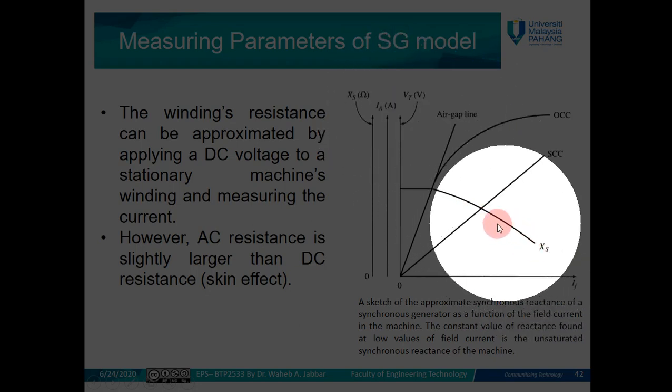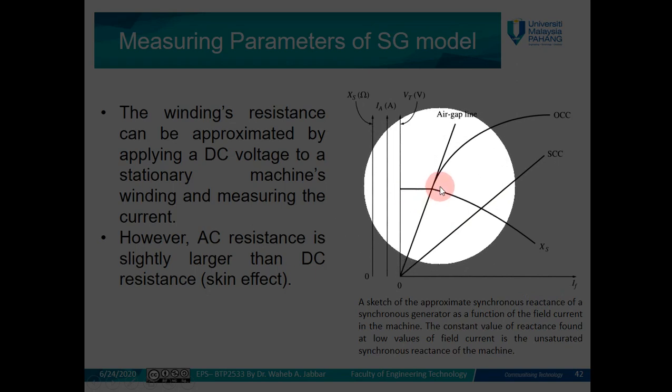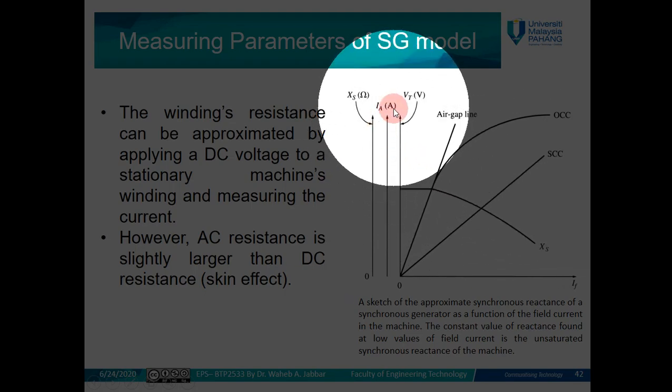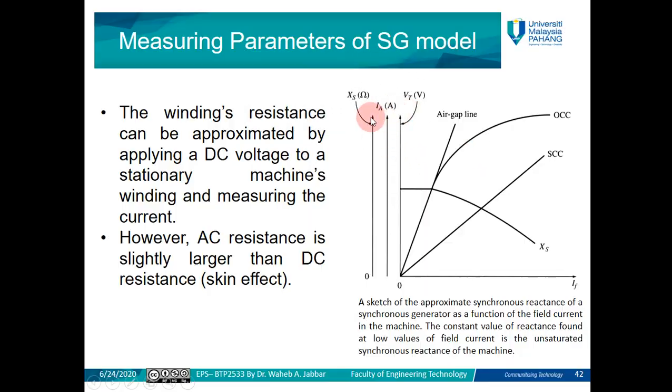And the XS value can be calculated by dividing the value of EA over the value of IA. So EA from the open circuit and IA from the short circuit, and XS can be calculated at each point. I can find the value of EA and the value of IA, so when I divide, I will get the value of XS, and so on.